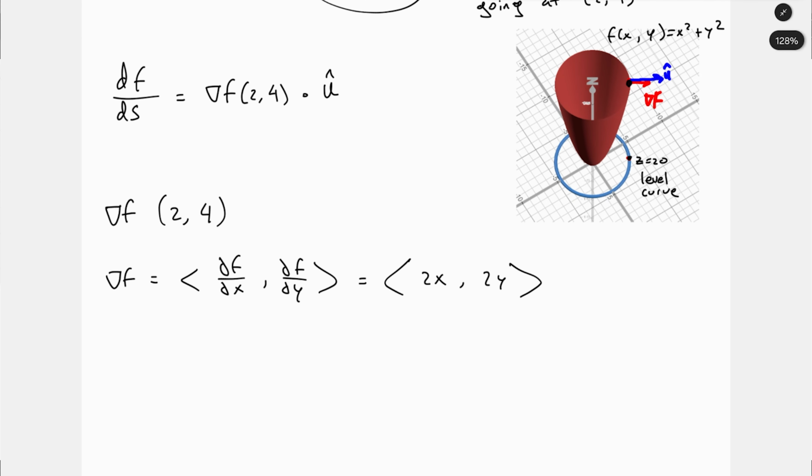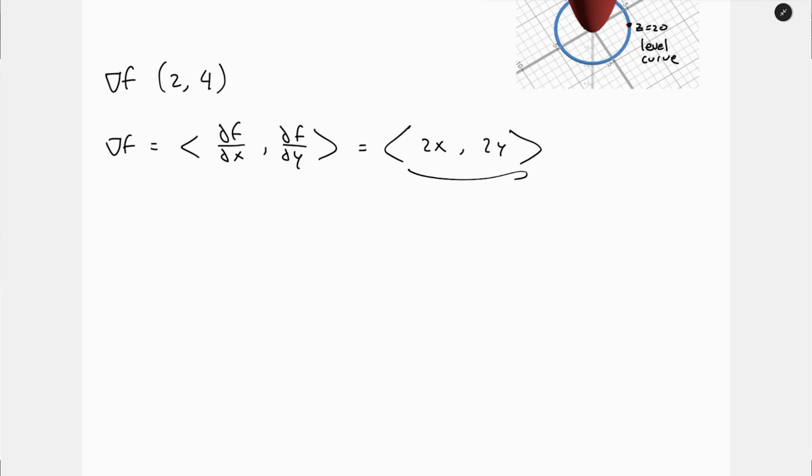Our function was that, and we find this. This is our vector field. Gradient. So now we go, and actually if I draw the full version, as you can remember before, we had this, right?